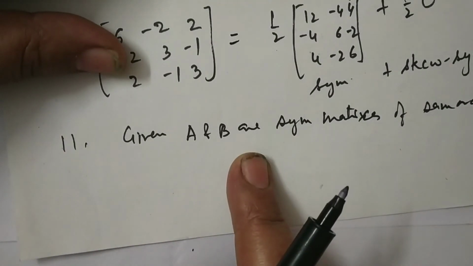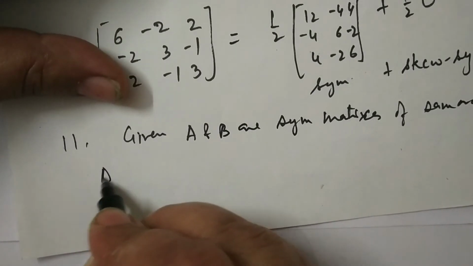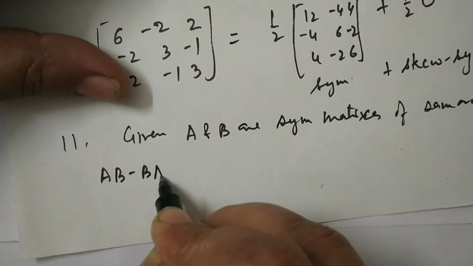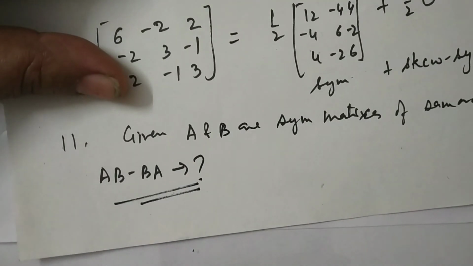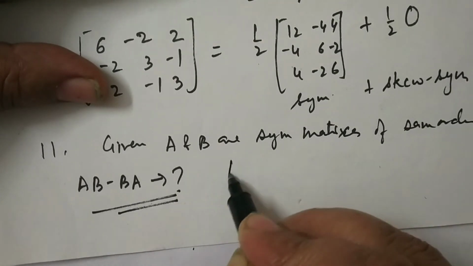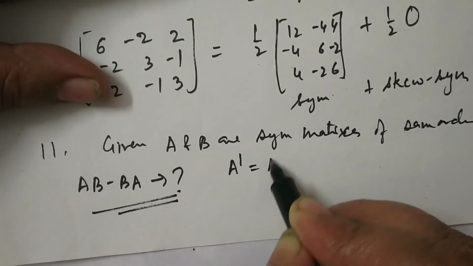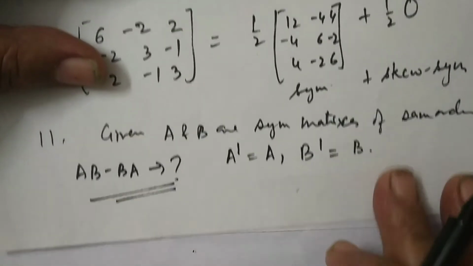Then I need to find out what kind of matrix AB minus BA is. So what is given to us? Let me start with that. A is symmetric, that means A dash equals A. B is symmetric, that means B dash equals B.